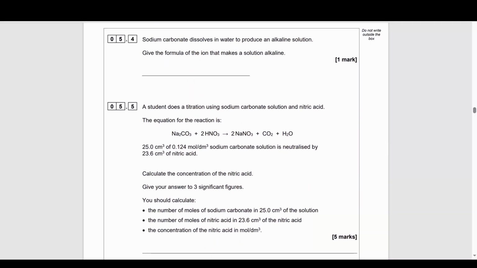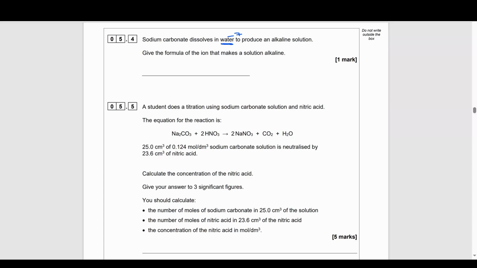(5.4) Sodium carbonate dissolves in water to produce an alkaline solution. Give the formula of the ion that makes the solution alkaline. So remember water. Whenever we have water, it's a neutral pH. pH is 7.